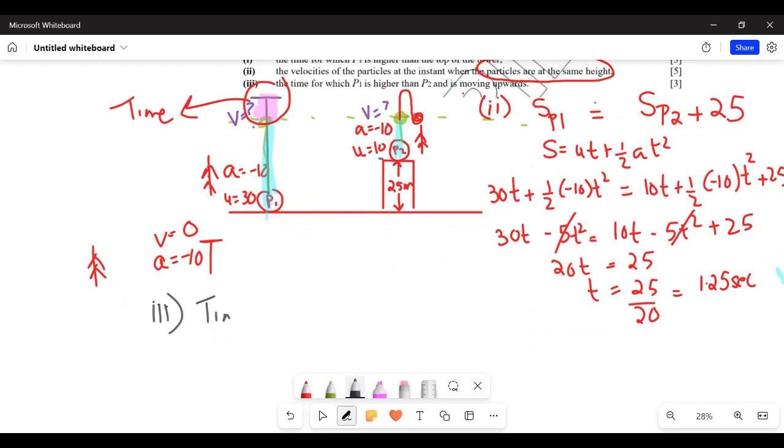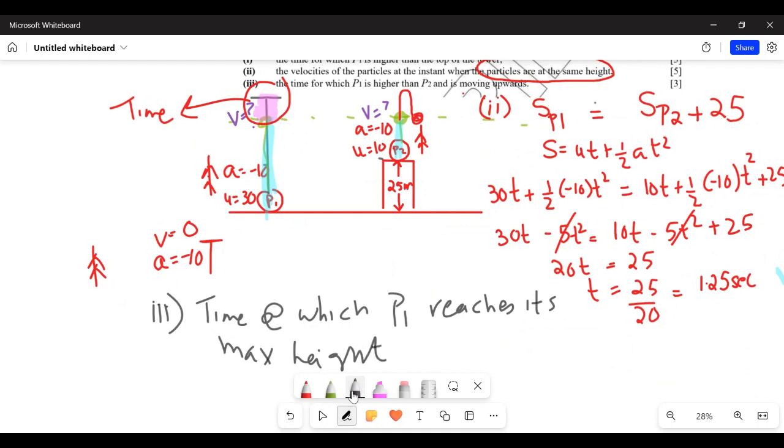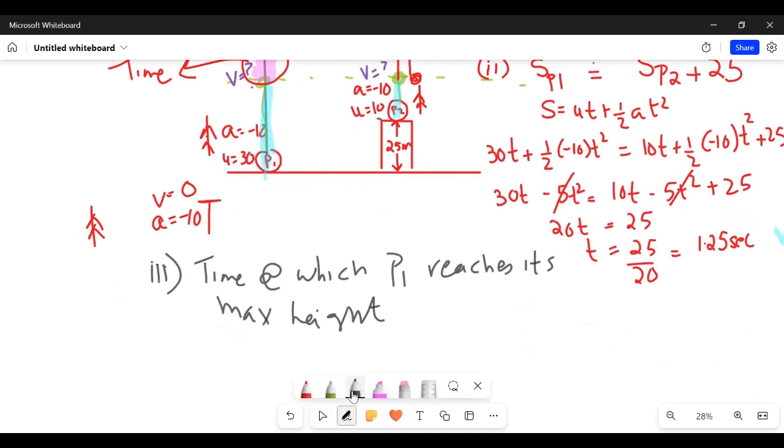So find the time at which P1 reaches its maximum height. Okay, so for that, we're going to use the same parameters. U is 30 at the bottom. Since it's going upwards, A is minus 10. And at its maximum height, V is 0.